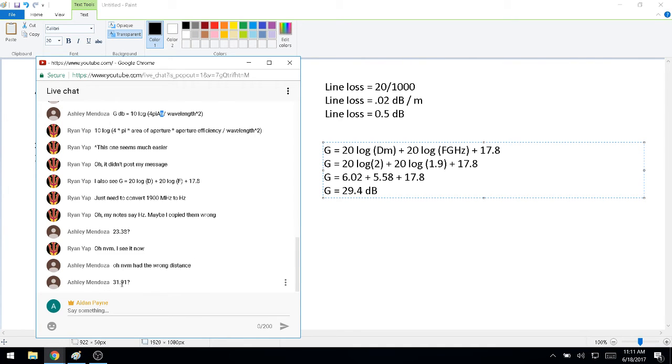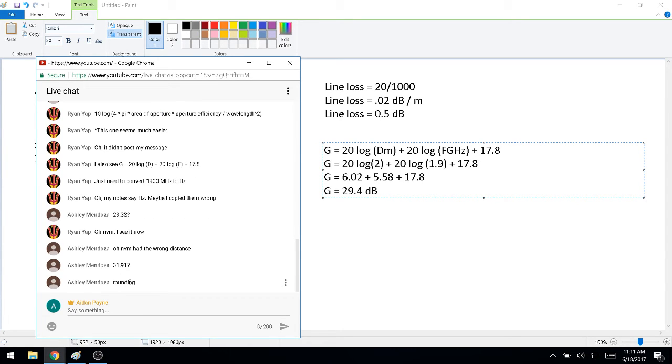And so Ashley got 31.91. Were you using Ryan's formula or were you using your formula? Because that's potentially in the realm of rounding error. Okay, rounding.